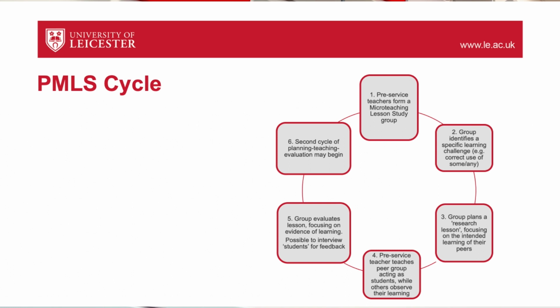One of the pre-service teachers teaches it, the other teachers focus on the learners and what the learners produce and create during the lesson, and then the teachers evaluate the lesson. Afterwards, they may decide to revise the lesson based on their evaluation and teach it again, and then a new micro teaching lesson study cycle can begin.